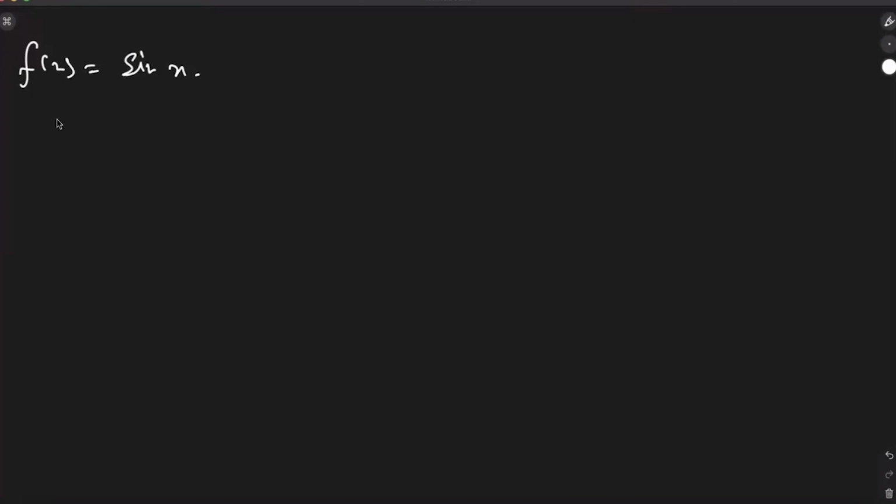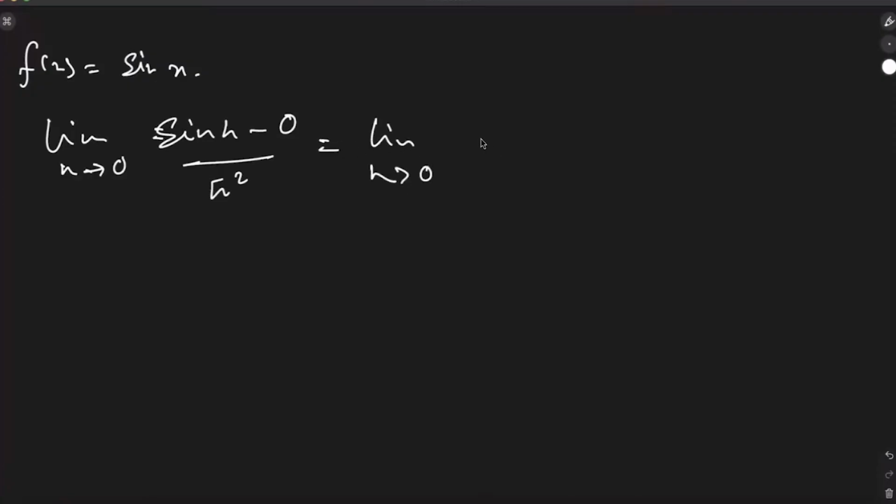Alright. So sin x is the function below. Limit h tends to 0 of (sin h minus 0) whole upon h square. This comes out to be limit h tends to 0 of 1 upon h into limit h tends to 0 of sin h upon h.